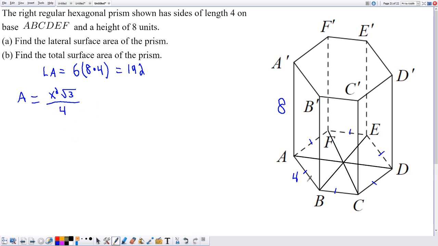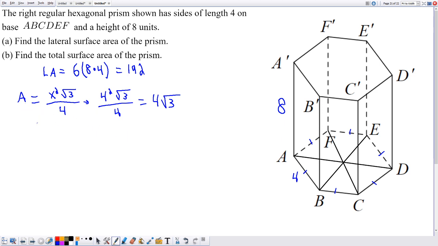So in this case, one of these equilateral triangles has a side length of 4. So it'd be 4 squared times the square root of 3 over 4, which would further reduce: 4 squared over 4 is just 4. So we have 4 root 3. But that's just the area of each triangle.